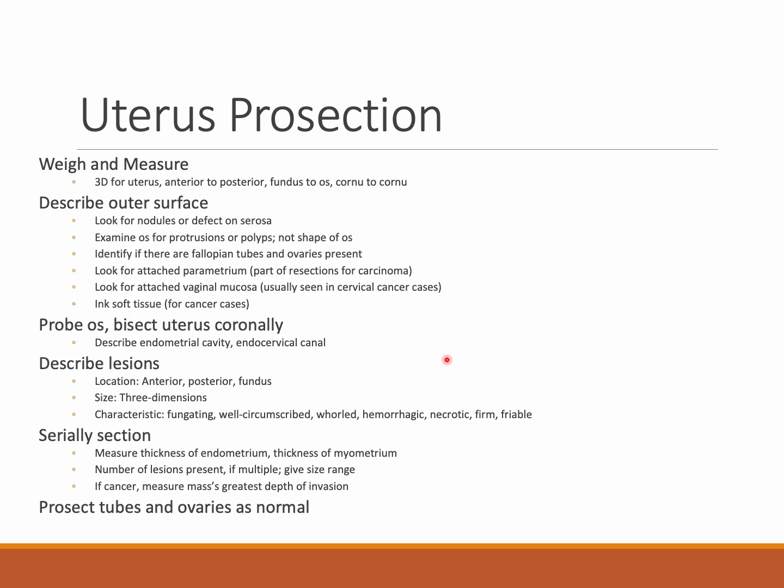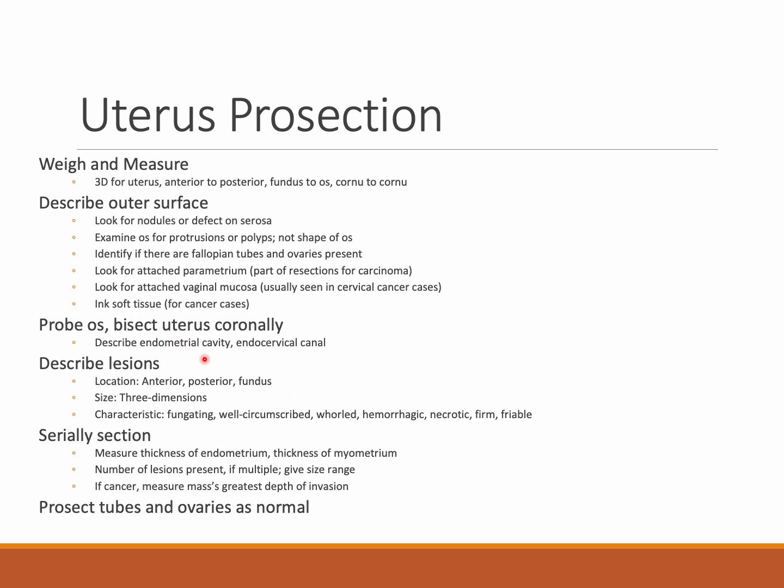Next, you're going to probe the os, and this is where you want to document what the os looks like. So if the os has been untouched, no pregnancy or no vaginal delivery, it should be a pinpoint os. But once a woman has delivered a vaginal birth, the os will now be slit-like, so you can just measure that diameter, whether it's pinpoint or slit-like.